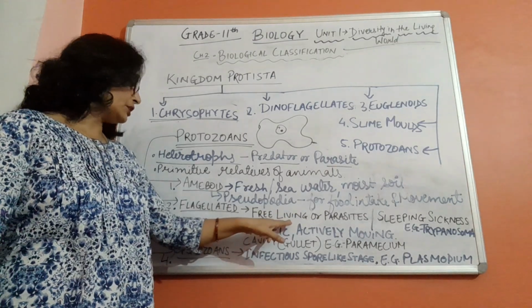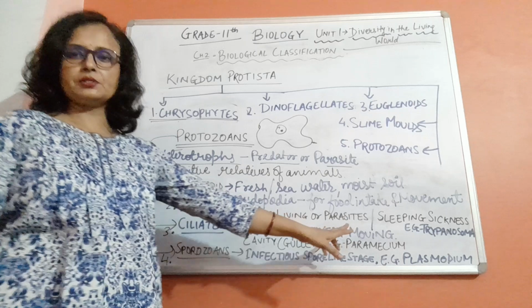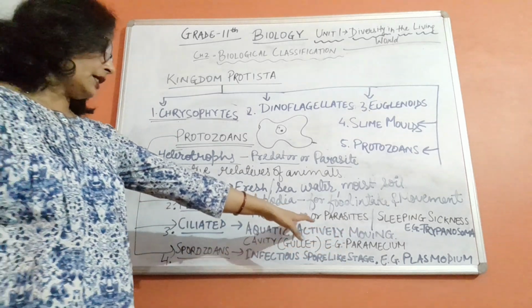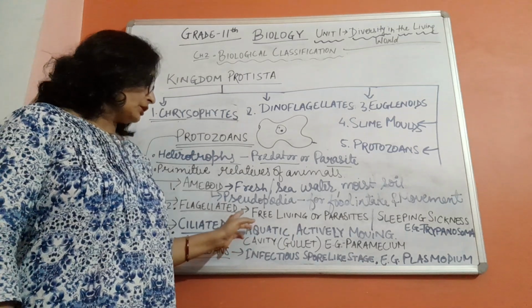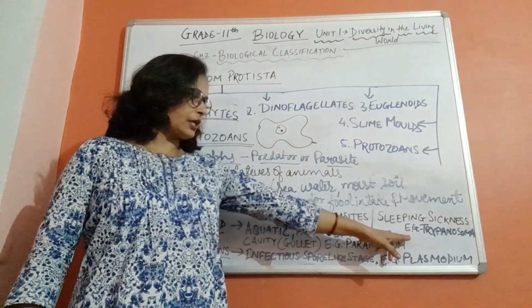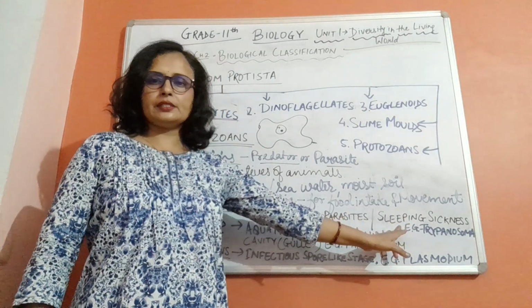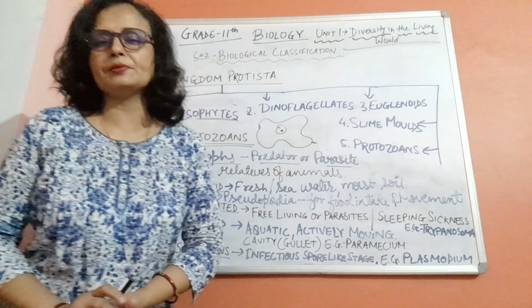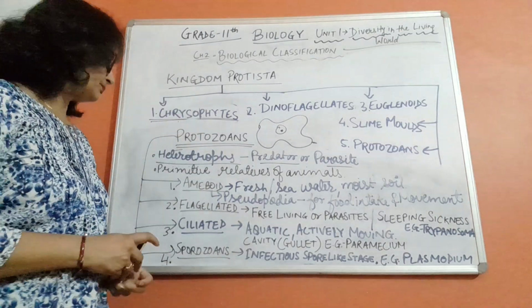Free living means found anywhere, and might be parasites in the body of some organism. And there is a disease caused by a kind of flagellated protozoan, that is Trypanosoma, and that disease is sleeping sickness. In this disease basically there is fever, headache kind of situation.